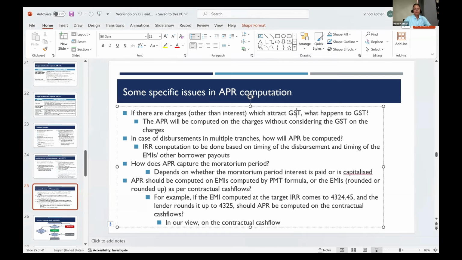When we say insurance to be included in APR, in your example, it is directly related to the purpose of the loan. For example, general or health insurance offered here, whether it should be a part of APR. I think you have already explained that if you are collecting and then giving it to the insurance company, then therefore, it's a question of practices. In the past, we were happily collecting it. We know a lot of large lenders were collecting insurance costs themselves and insuring themselves. I'm anyway the corporate agent, so as far as my commission is concerned, I can still get a commission from the insurance company.